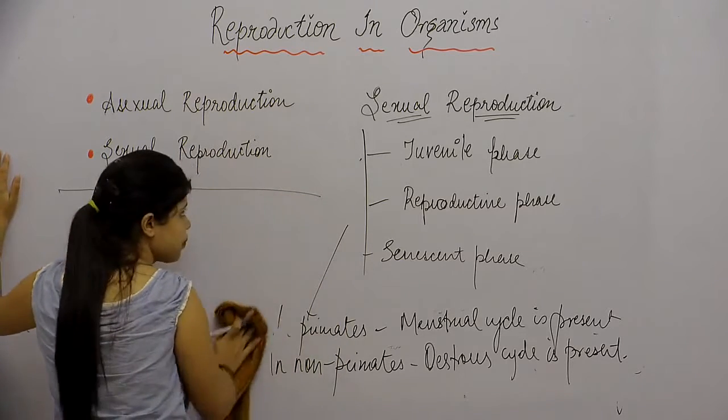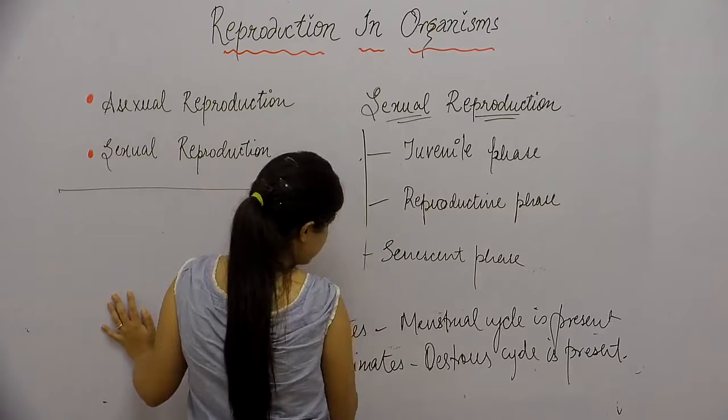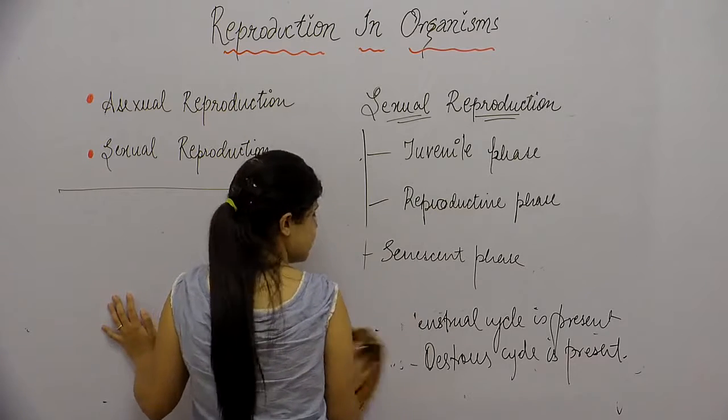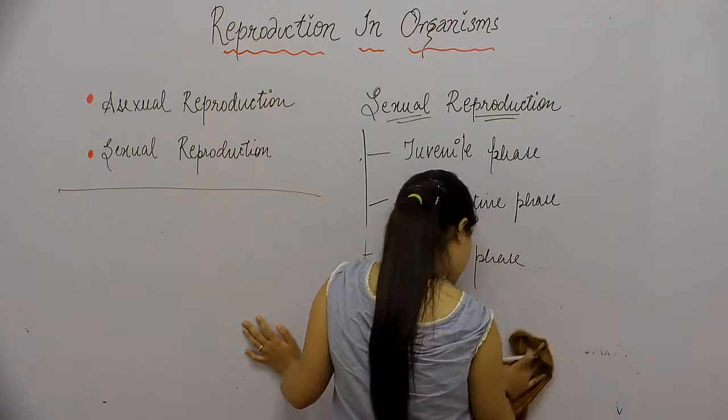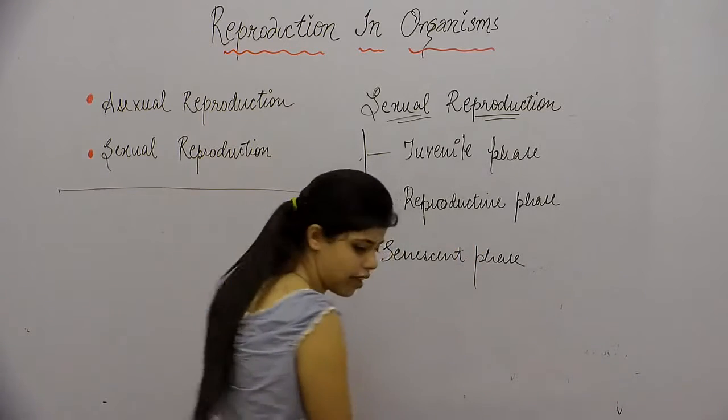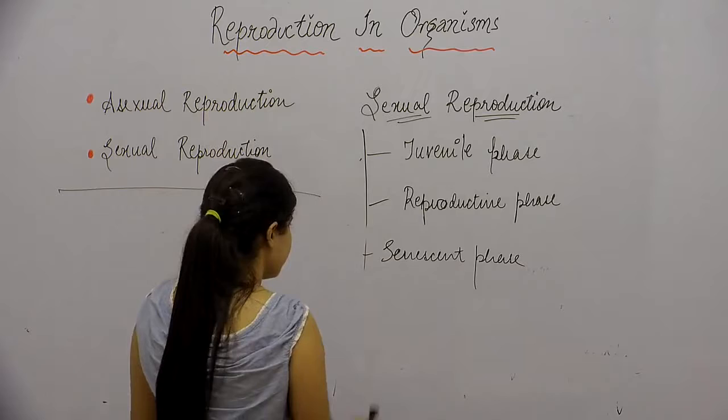So, under sexual reproduction, we were studying about the reproductive phase. And finally, after the reproductive phase comes the senescent phase.